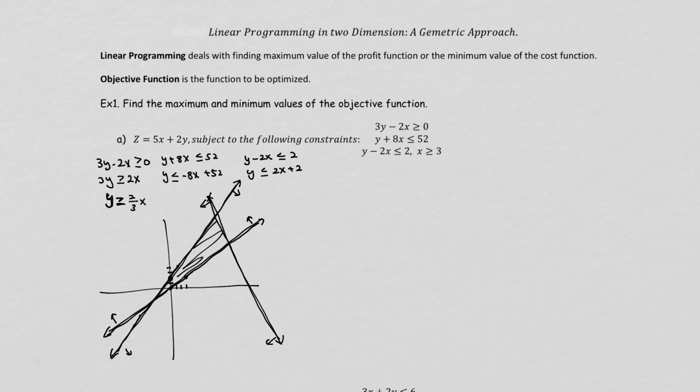But we're not done drawing the lines. You have one more, where x is greater than or equal to 3. So your x equals 3 is right here. So draw the line, and then greater, so it will be that area.